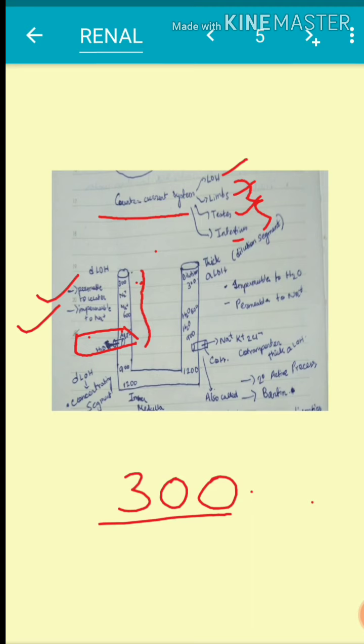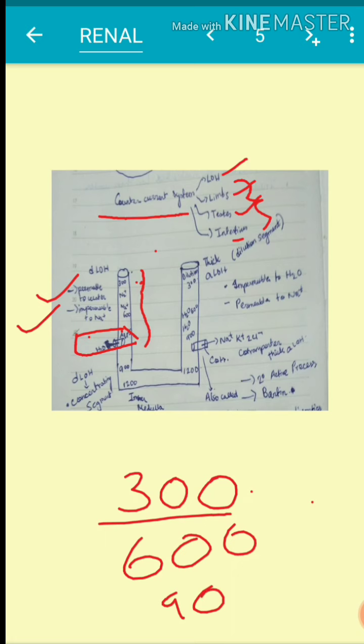So water moves out, and as water moves out, the sodium concentration will increase, or rather, urine concentration will occur. So first it was 300 milliosmol, then it becomes 600 milliosmol, and as it gradually descends, it becomes 900 milliosmol, and by the time it reaches the inner medulla, it becomes 1200 milliosmol.